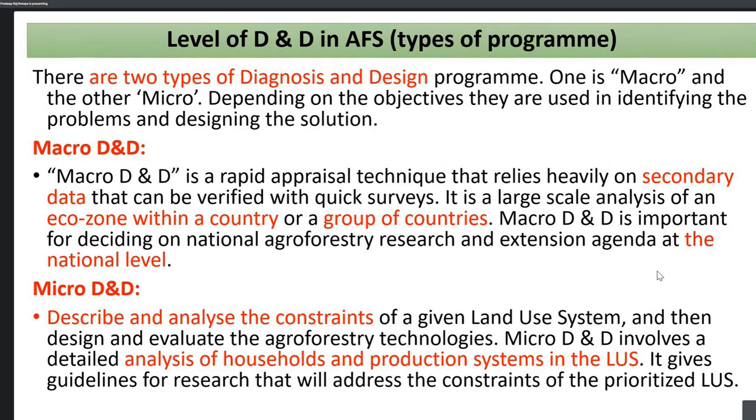Micro D&D involves a detailed analysis of household and production systems, and it gives guidelines for research that will address the constraints of the prioritized land use system.